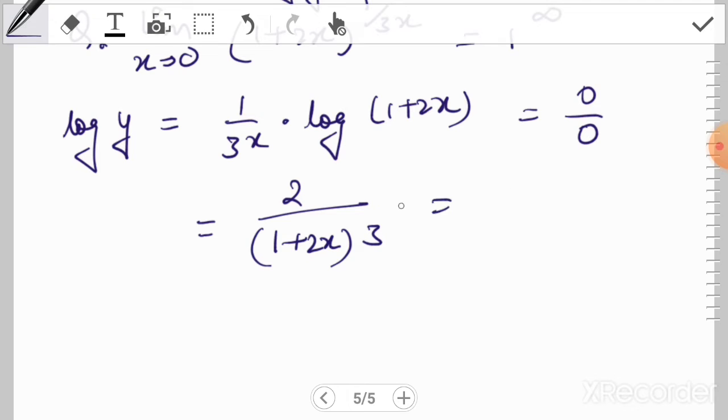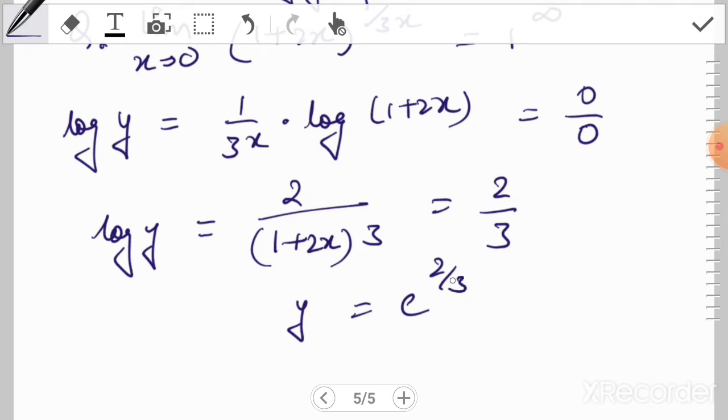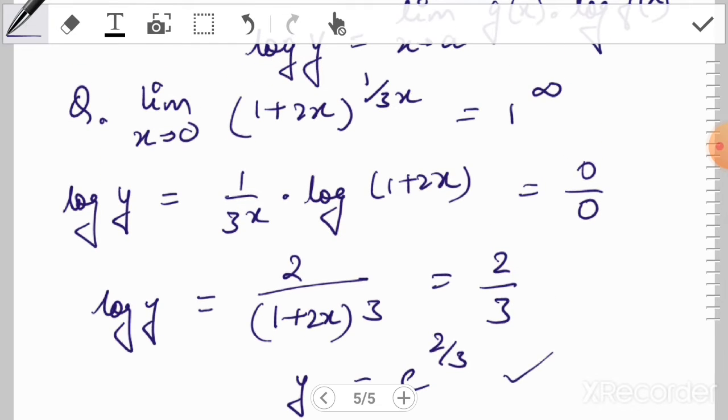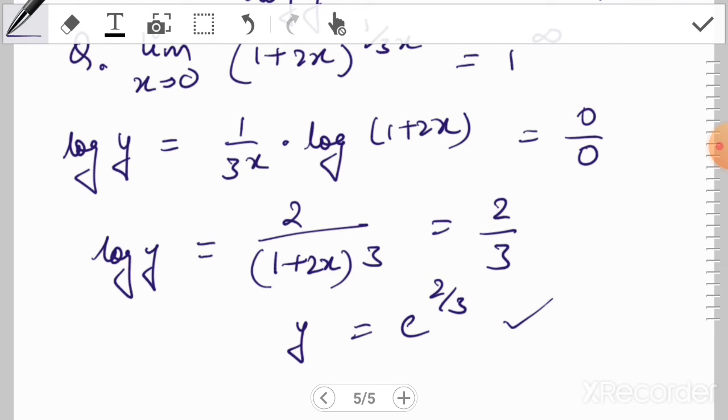So if you put x equal to 0, you will get 2 by 3. So log y is 2 by 3, so y will be e raised to the power 2 by 3. Okay, so e raised to the power 2 by 3 is the answer for this question.